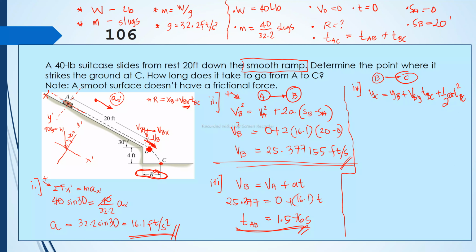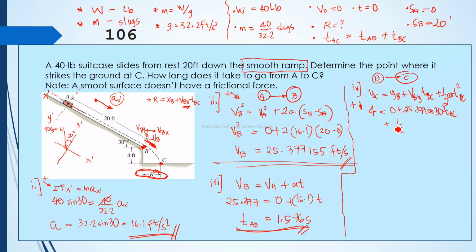Let's say our origin is at point B, and everything that goes downward is positive. So from point B downward, the final position from B to C is 4 feet, equal to 0 plus the y component of our velocity at B, 25.377 sine 30, times the time from B to C plus 1/2.